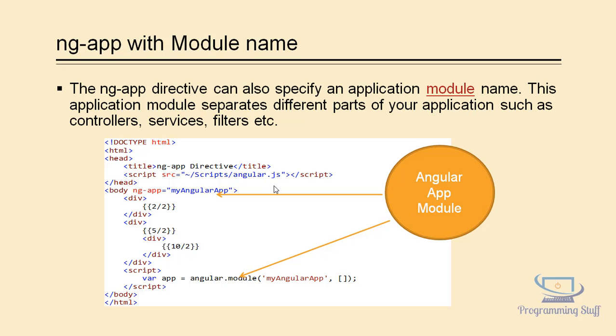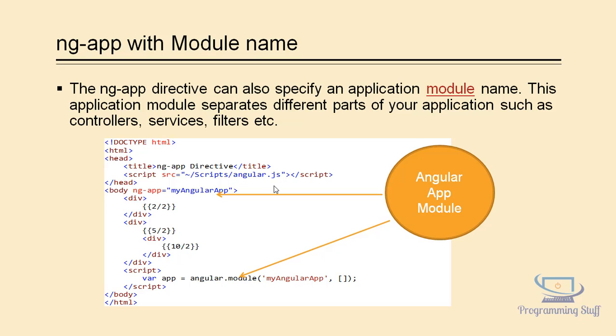Next we will see ng-app with a module name. The ng-app directive can also specify an application with a module name. The module separates the different parts of your application, such as controllers, services and filters.